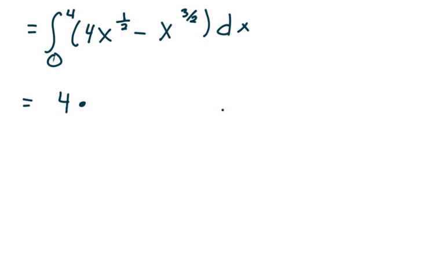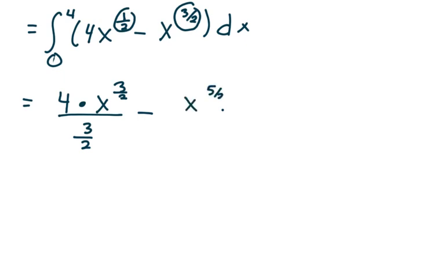And so this is 4 times, when I add 1 to the half, I get x to the 3 halves, right? But you have to divide by 3 halves. And then I'm going to add 1 to this exponent, which makes it 5 halves. So I'll go x to the 5 halves divided by 5 halves. And I'm going to go from 0 to 4. Now, when I divide by 3 halves, that's the same as multiplying by 2/3.